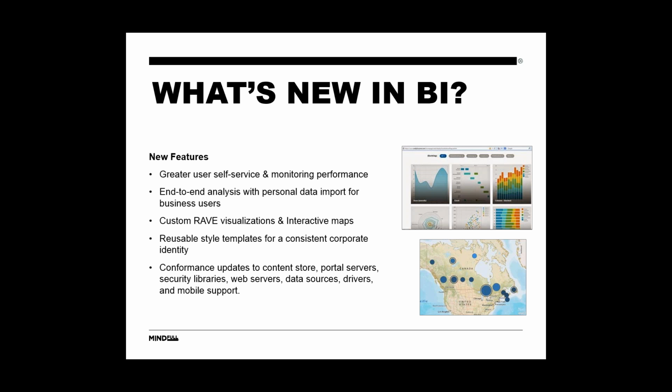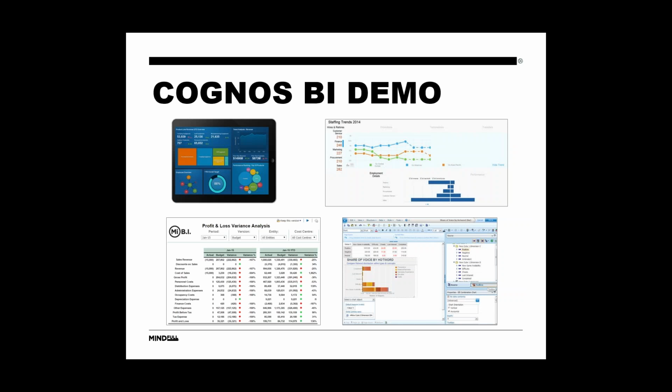So that's all available under your Cognos Express BI license effectively. And then the normal conformance updates have come through as well, so it'll bring you in line with current operating systems, current versions of data sources and so forth from a BI perspective.